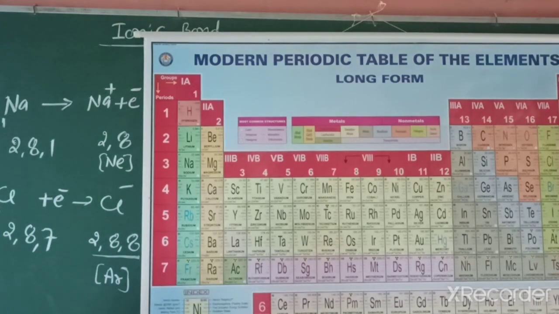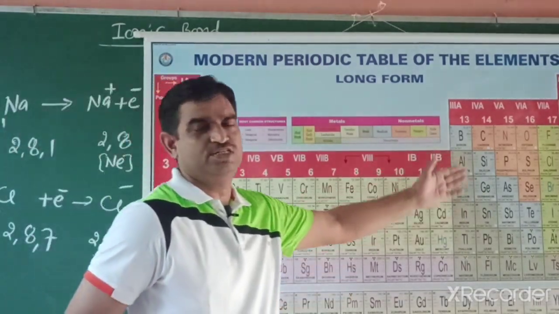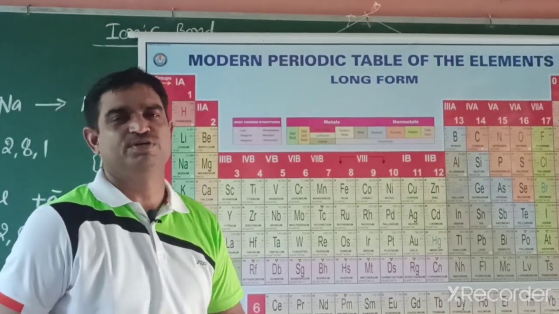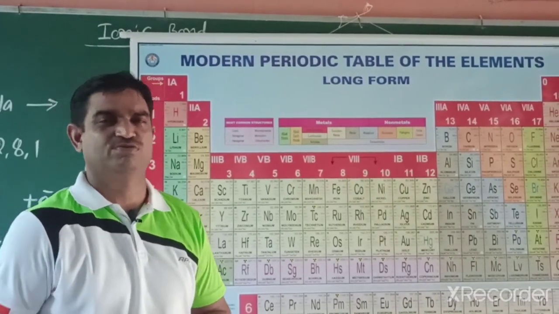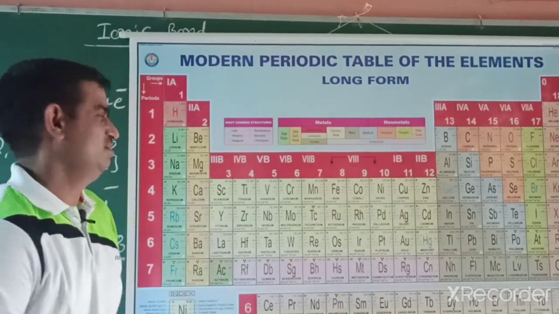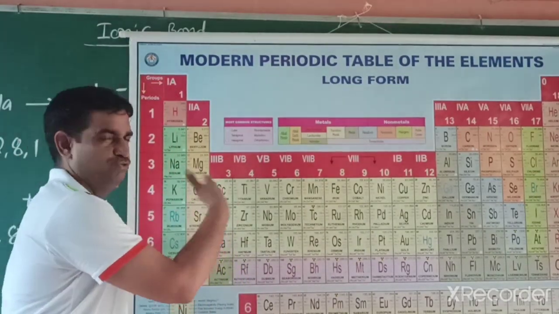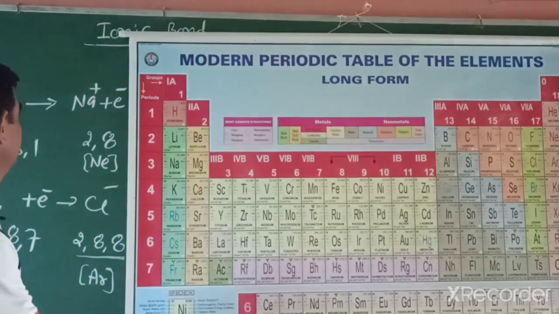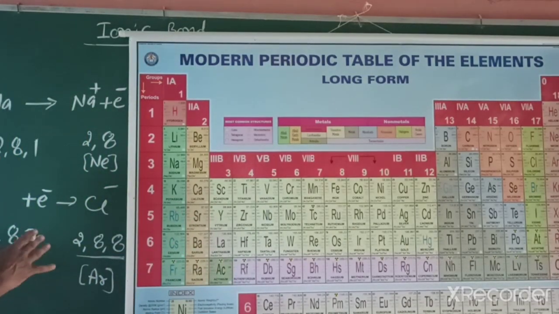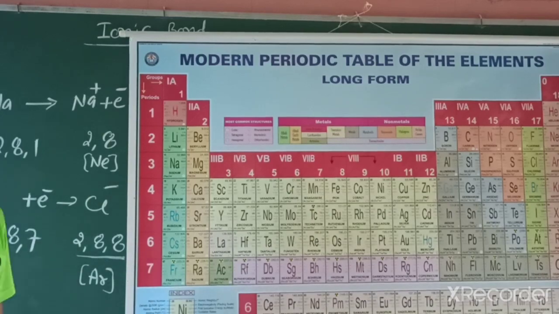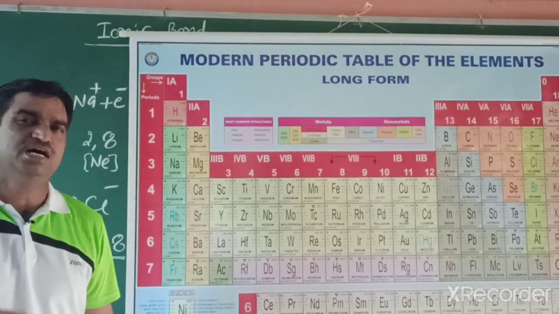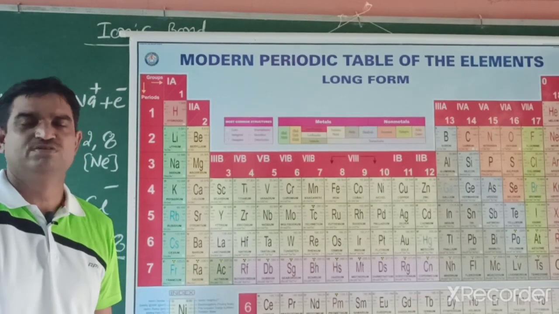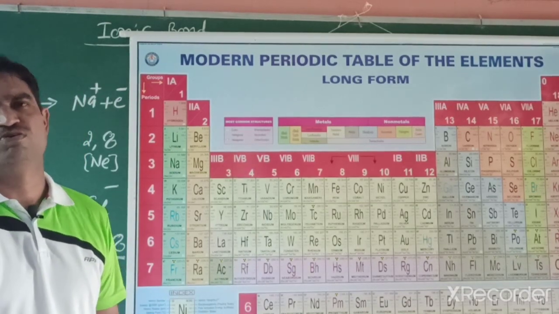So all the elements try to achieve the nearest noble gas configuration by losing, gaining or sharing of electrons. Generally metals lose electrons and non-metals gain electrons. Between a metal and a non-metal there is a bond formation, and that bond is known as an ionic bond. Today we discuss the ionic bond between metal and non-metal.